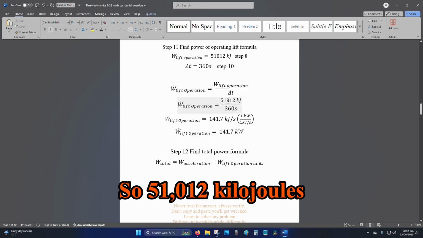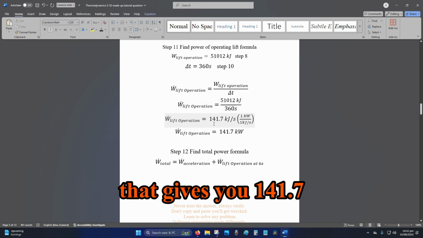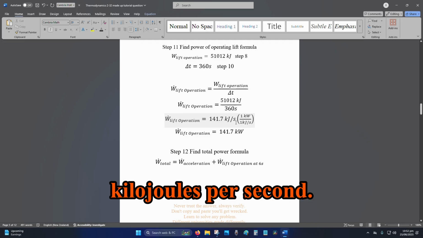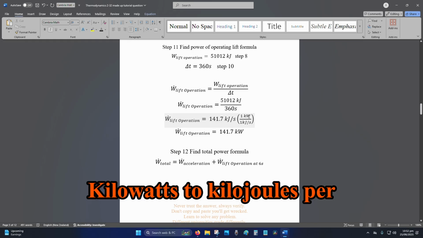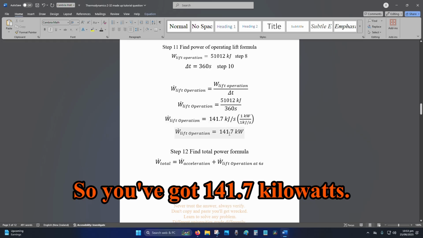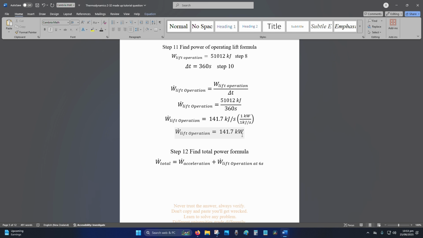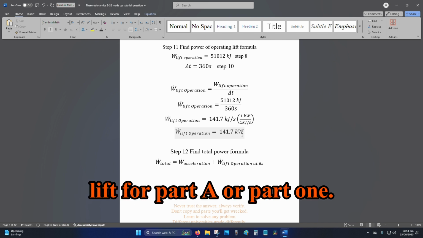So 51,012 kilojoules divided by 360 seconds gives you 141.7 kilojoules per second. Kilowatts to kilojoules per second is a 1-to-1 ratio. So you've got 141.7 kilowatts. And that is the power at a steady speed required to operate the lift for part A, or part 1.